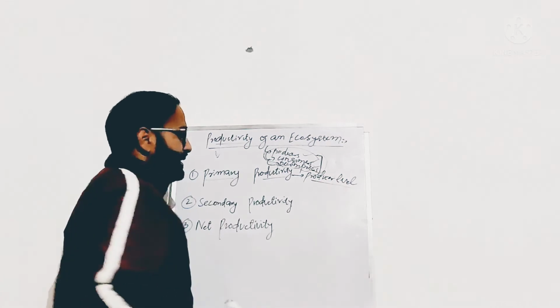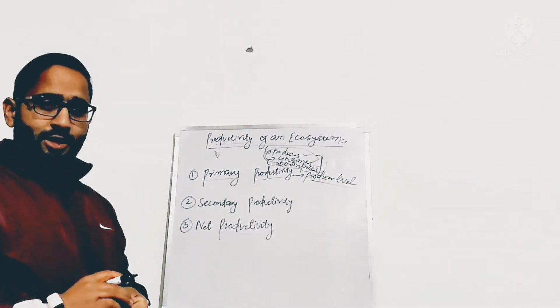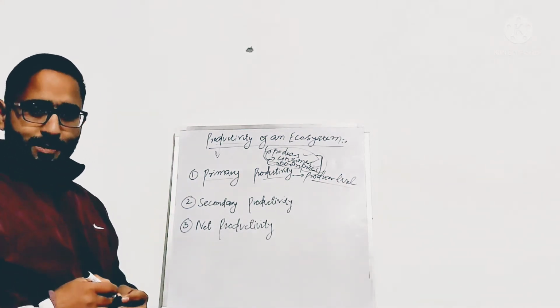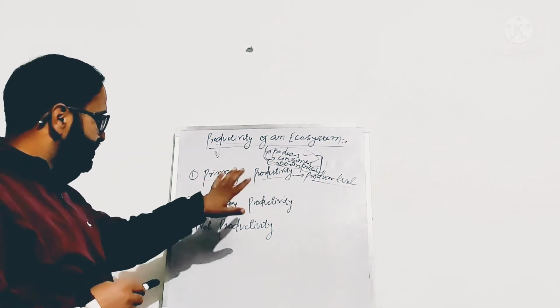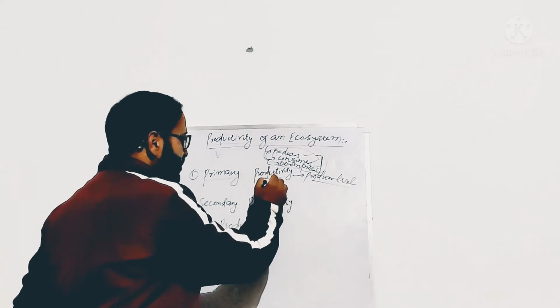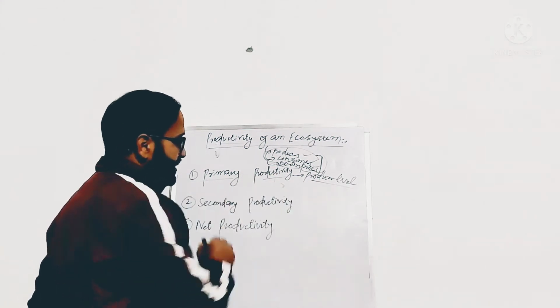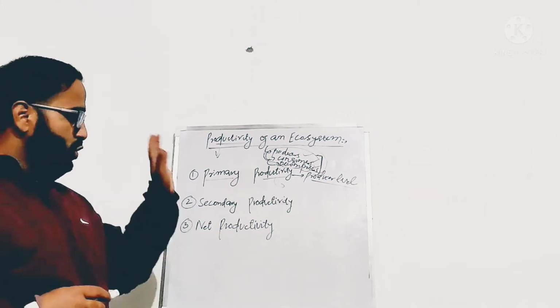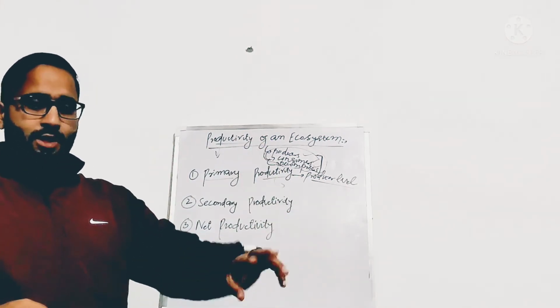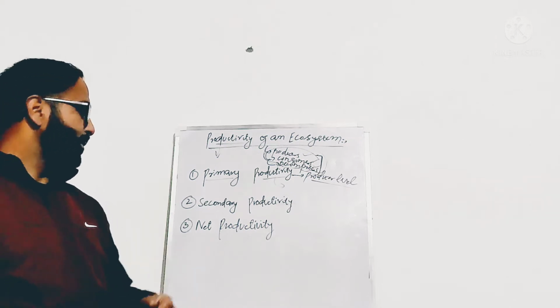So it will be telling us about the energy accumulation or organic matter accumulation or production at producer level. This primary productivity tells us mostly that plants are converting solar energy into chemical energy or biomass.